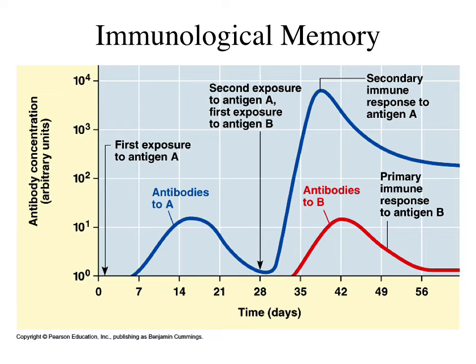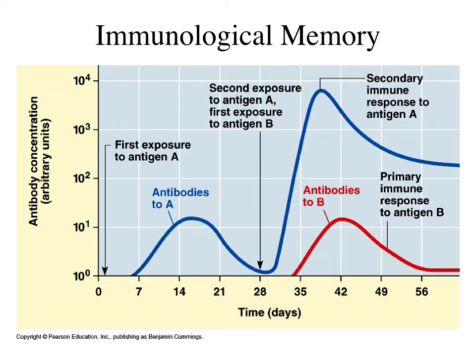Here we can look at a chart showing how immunological memory works. The selective proliferation and differentiation of lymphocytes that occurs the first time the body is exposed to an antigen is the primary immune response. About 10 to 17 days are required from initial exposure to antigens for the selected lymphocytes to generate the maximum effector cell response.